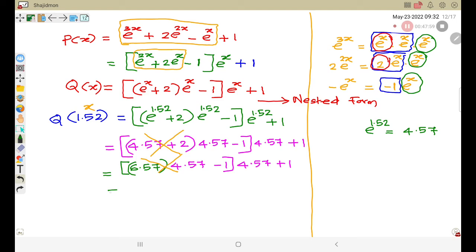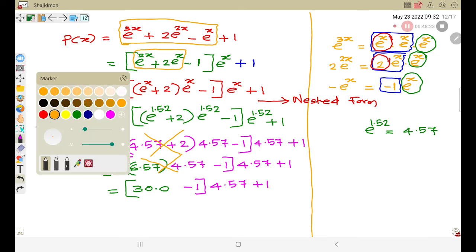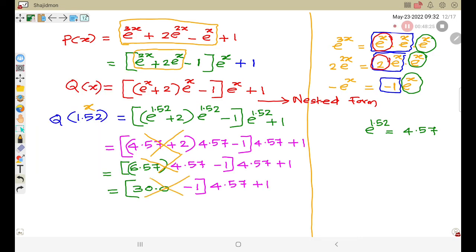You will get, with 3 digits rounding on all the calculation, okay, very careful, 30.0. All other numbers same. That means minus 1 multiply 4.57 plus 1. Again we are doing 30.0 minus 1. Correct? That means 29.